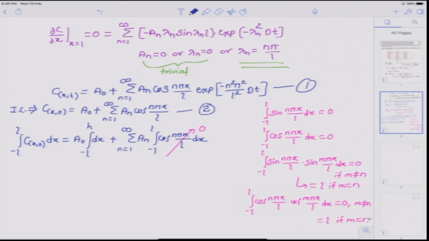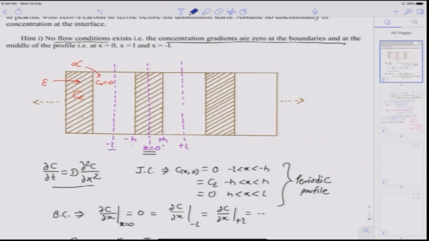and C of x 0 between minus L to L. We know between minus h and minus L, and between h and L, C of x 0 is 0, and between minus h to h, C of x 0 is C epsilon.